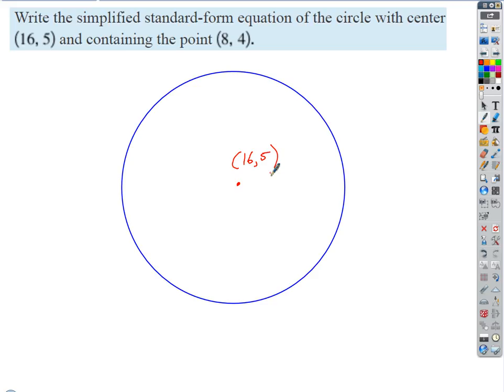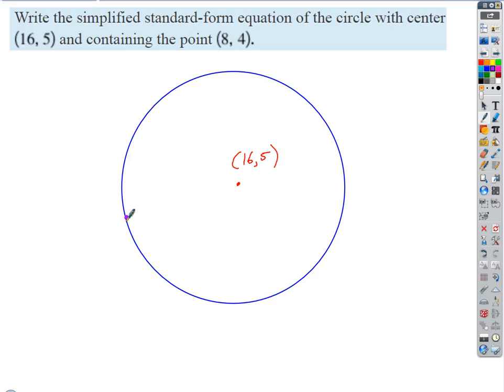Doesn't have to be exact, but where relative to the center would that point go? Left or right? Up or down? Down just a little bit. So maybe something like right there. One thing we do know though is it's contained on the circle, right? So it's gotta be on the hoop somewhere, right?